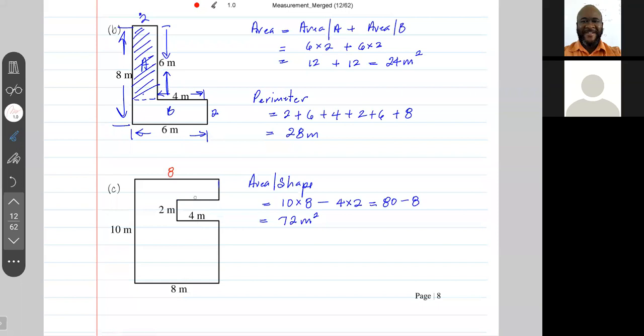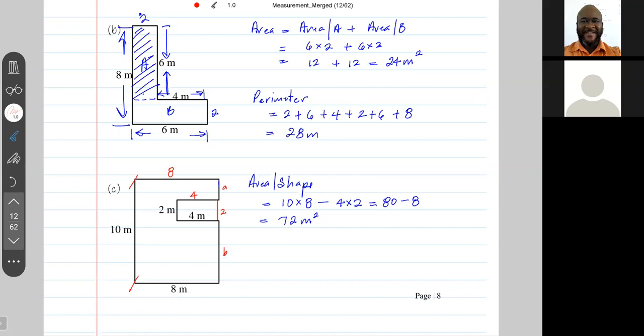Here is 4, so here is also 4. The only issue now, I don't know the length of these two sides, but here's what I know. The entire length is 10. This piece here is 2 in the middle. So you see the piece here, A, and the piece here, B, they must add up to 8.